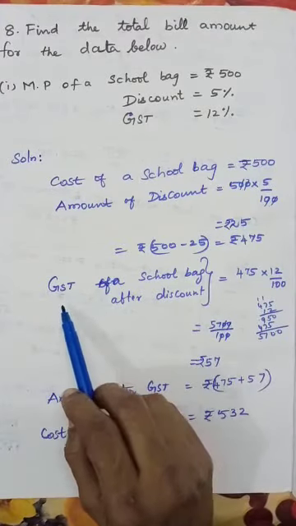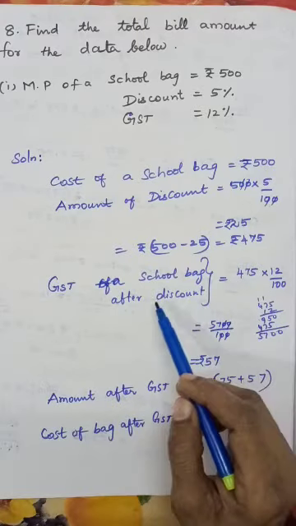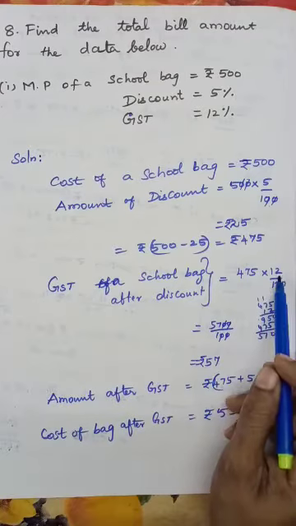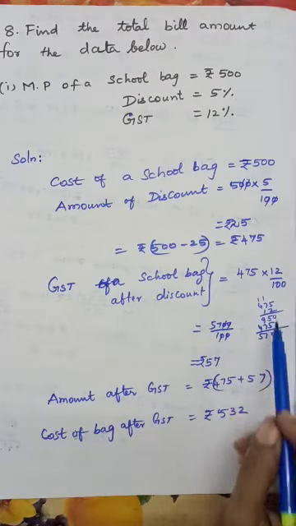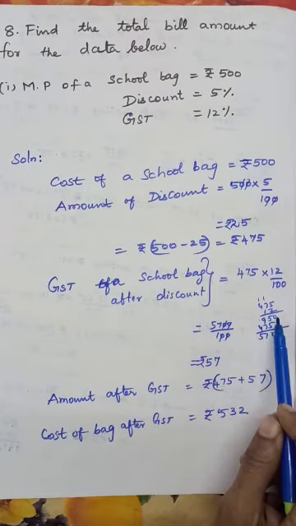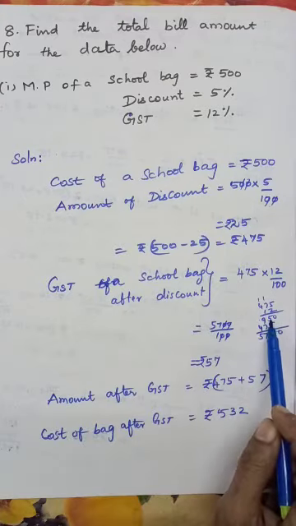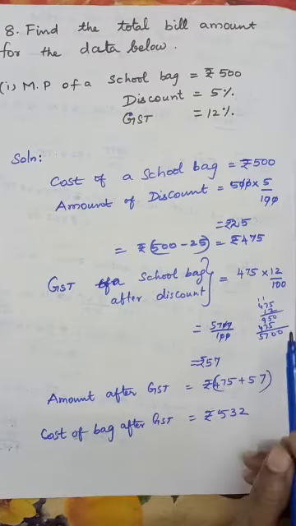So now you have to calculate the GST of a school bag. Okay. That is GST for 475 rupees is 12%. So 475 into 12 by 100. So you multiply 475 and 12. 12, 2 5s are 10, remainder 1. 7 2s are 14 plus 1 is 15, 5, remainder 1. Then 4 2s are 8 plus 1 is 9.